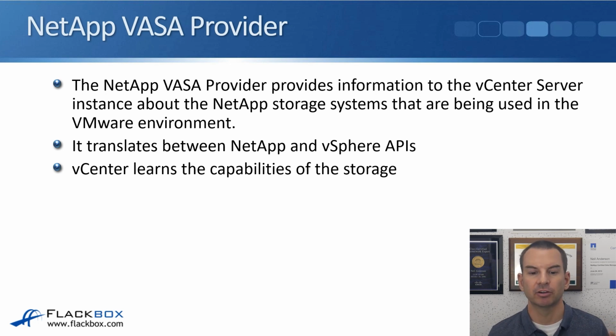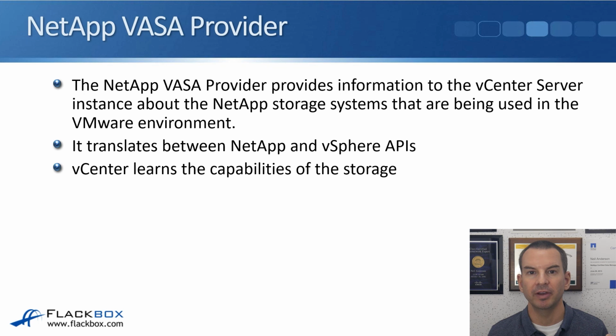The VASA provider translates between NetApp and vSphere APIs, and also vCenter learns the capabilities of the storage via the VASA provider. So when you're configuring your storage capability profiles, that's where VSC, which is on the vCenter server, knows the capability of the storage. It's going to get that information from the VASA provider.